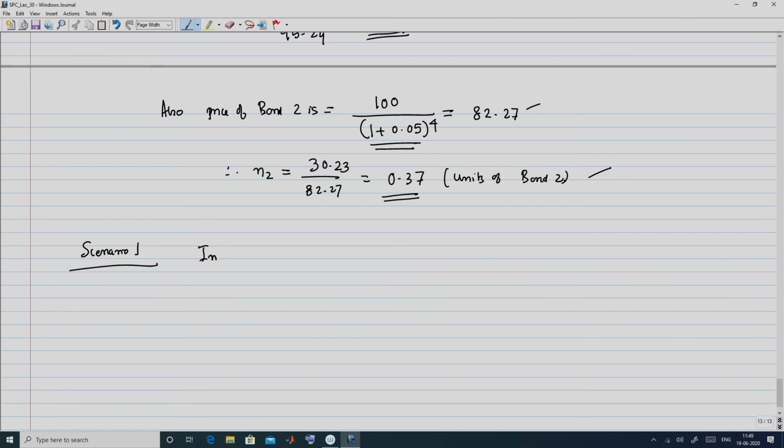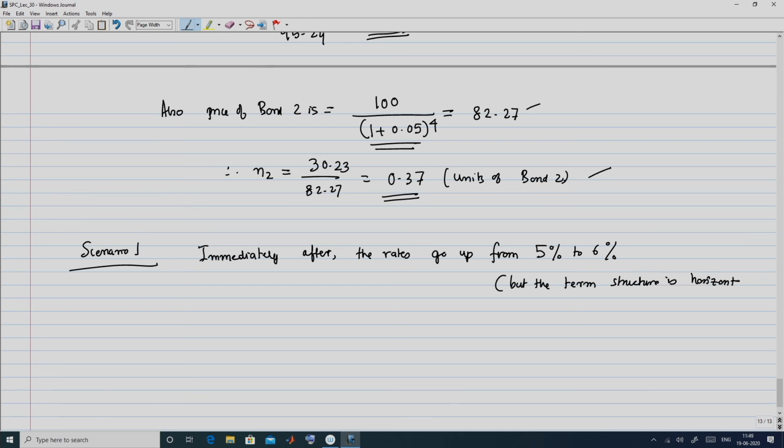Immediately after you have made these purchases, say the rates go up from 5% to 6%, but of course, I still assume that the term structure is horizontal. So this means that earlier we had a 5% interest rate for all maturities, now it is 6% for all maturities.